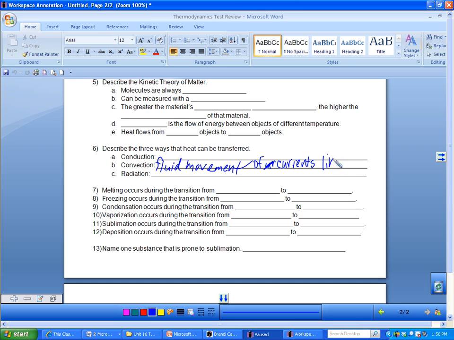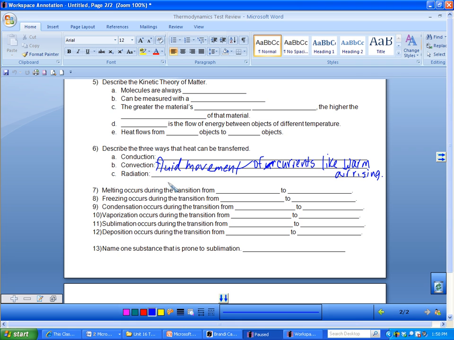Like warm air rising. And you see these as convection ovens, and that's all you're doing is moving that warm air around in the oven. Instead of letting it rise and just fill the box, you move it.